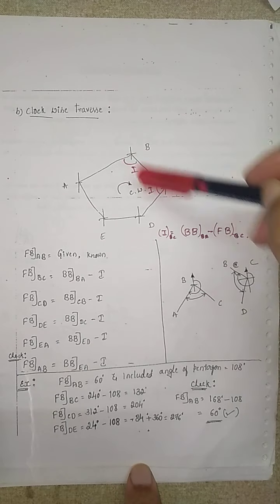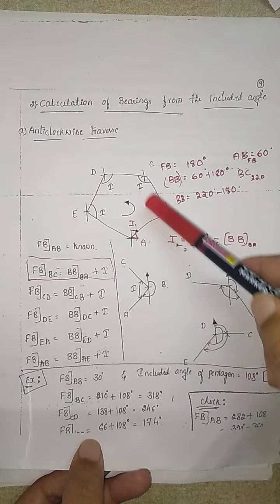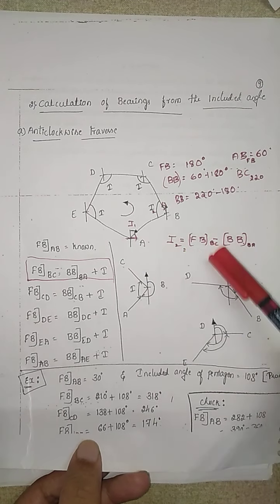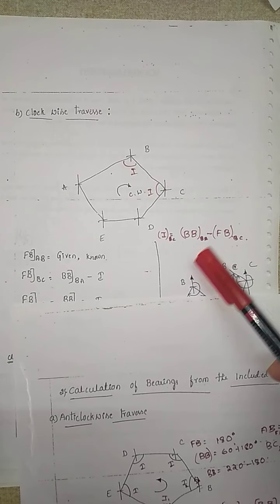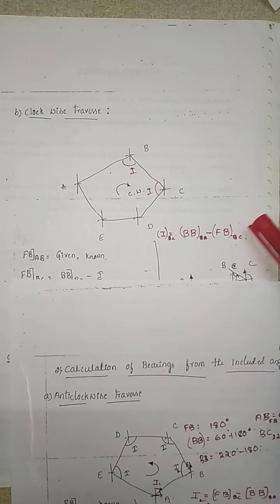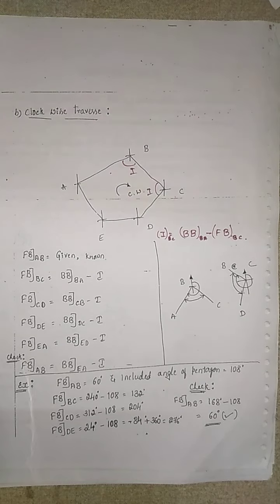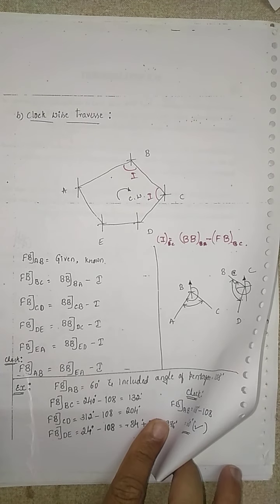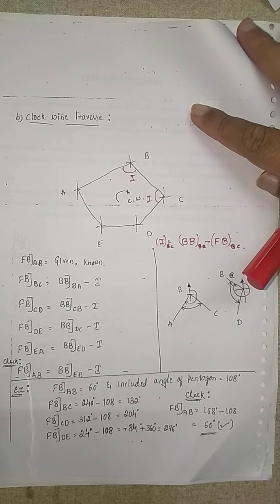If the traverse is in the anti-clockwise direction, the included angle is forebearing minus back bearing. If it is in the clockwise direction, the included angle will be back bearing minus forebearing. You need to remember this in order to solve the problems in the next session.